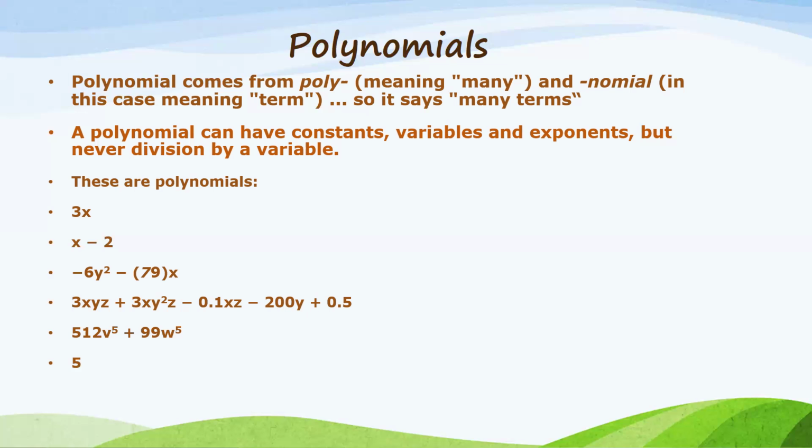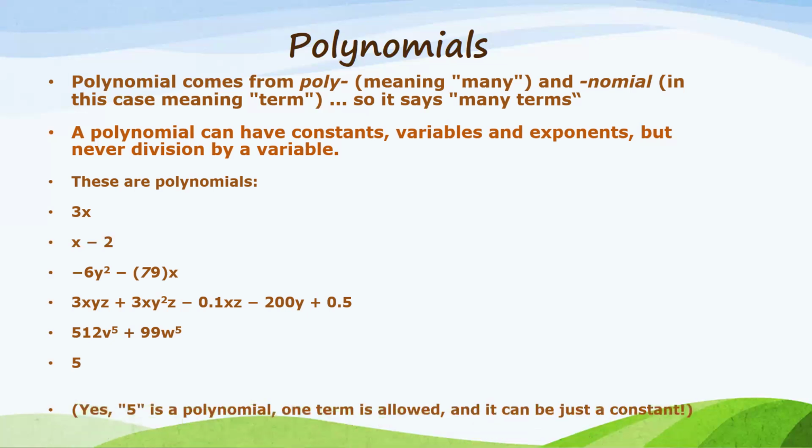So we can say that 5 is a polynomial. The variable must be there, but it's containing the power 0. So what is the meaning of a variable with power 0? It means 1. So here we can see that 5 is an example of a polynomial, right?